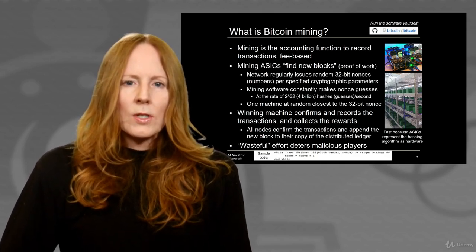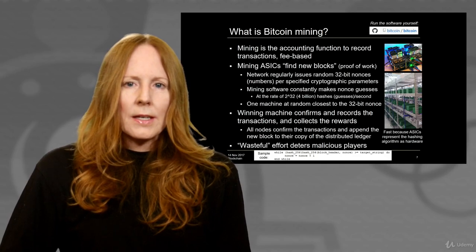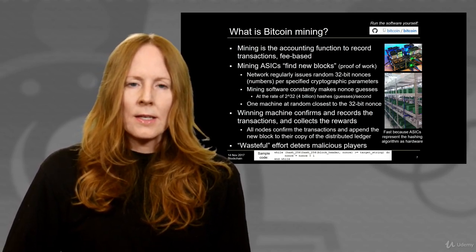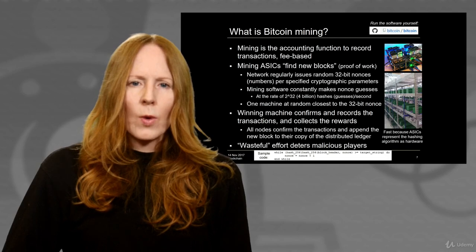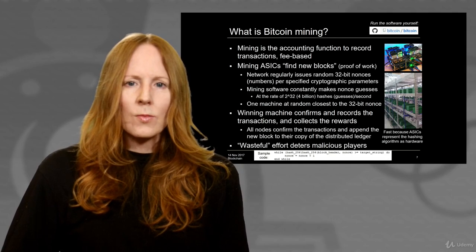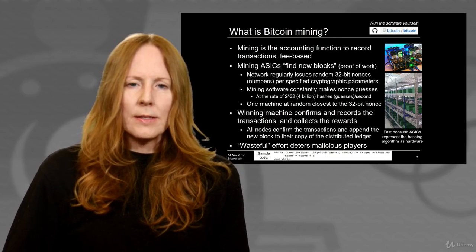Bitcoin mining, more specifically, as I mentioned, is the accounting function to record the transactions. It's fee-based. It works in the way that mining ASICs find new blocks, discover new blocks with a proof-of-work software mechanism.